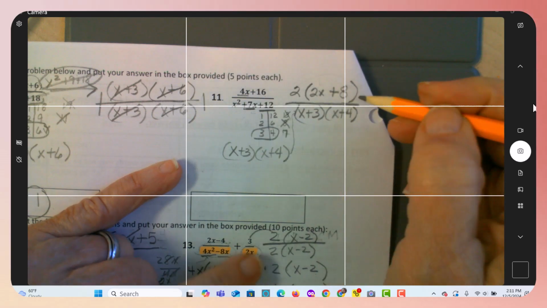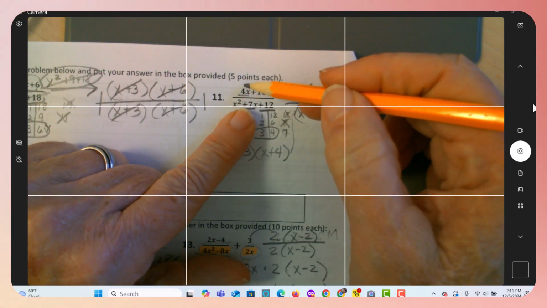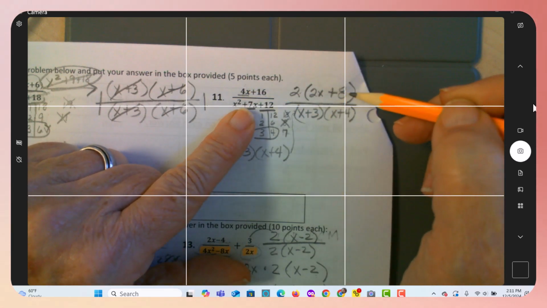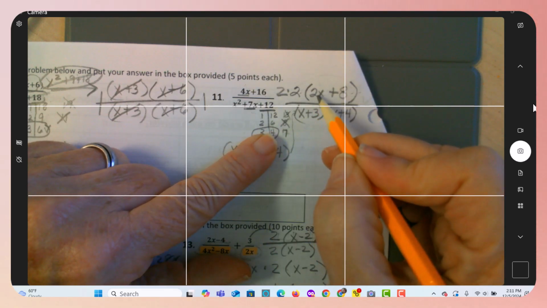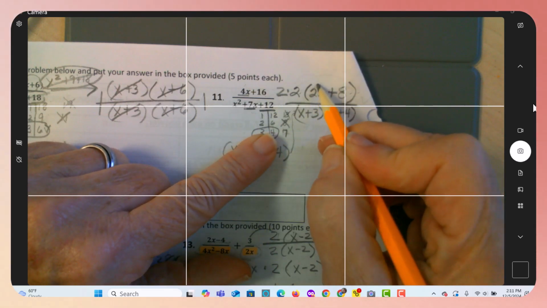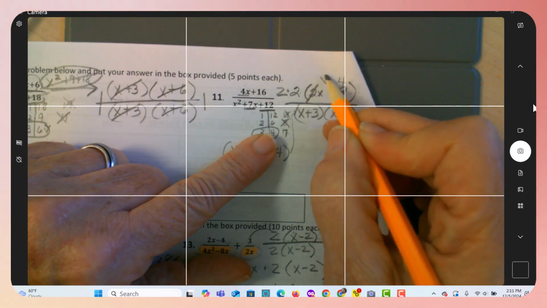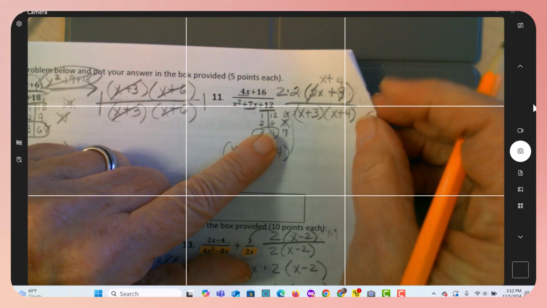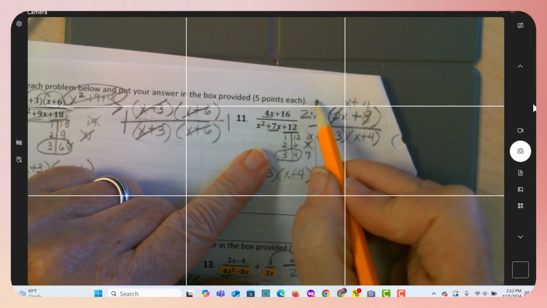Now I'm doing a second look here, and I divided 2 out, but I can divide more than 2. I can divide 2 into both of these terms again. So let's take another 2 out. Okay, 2x divided by 2 is just x, and 8 divided by 2 is 4. So this gives us x plus 4. So in the beginning, I should have seen I'm dividing out 4. 2 times 2 is 4.